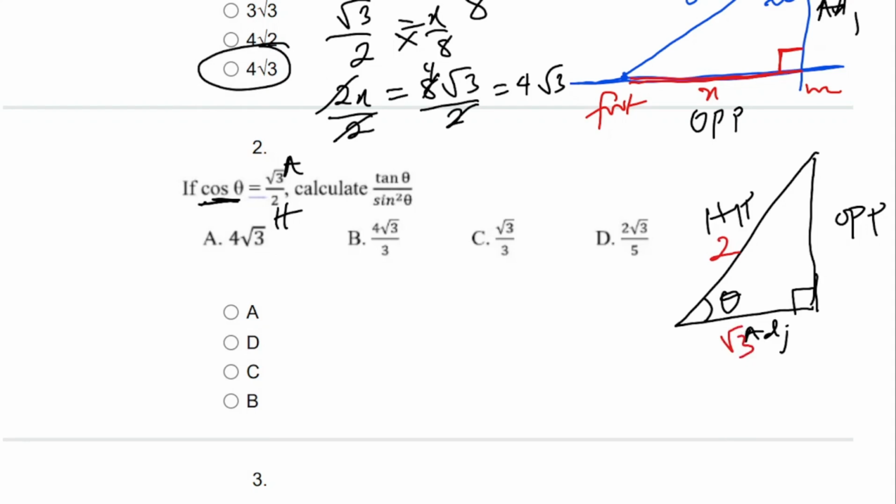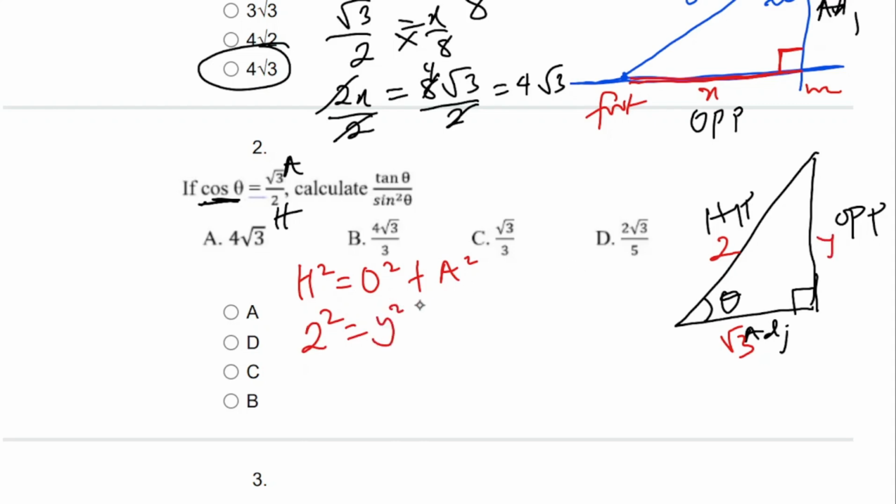So you now need to find the opposite. Before we can get tan, which is opposite over adjacent, and before we can get sine squared theta, which is opposite over hypotenuse, we need to find this. We can then use Pythagoras theorem. Pythagoras rule says hypotenuse squared equals opposite squared plus adjacent squared. Hypotenuse is 2 squared, then opposite is what we don't know, let's say it's y.